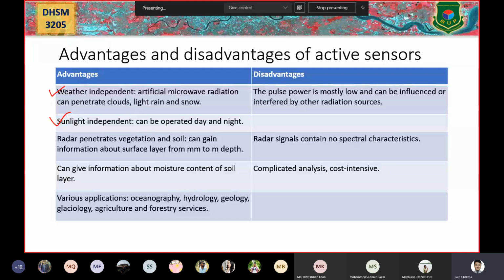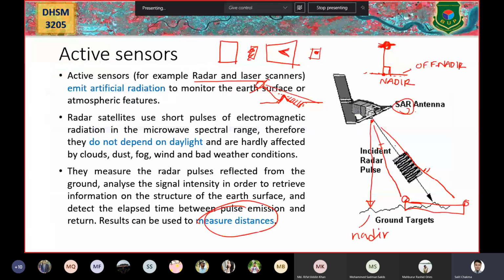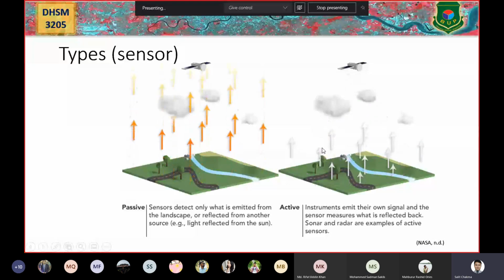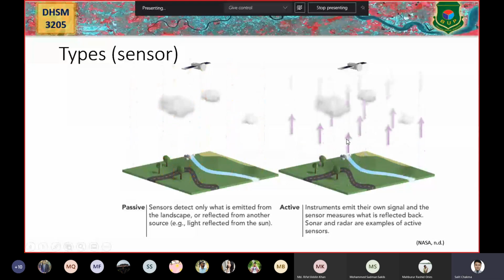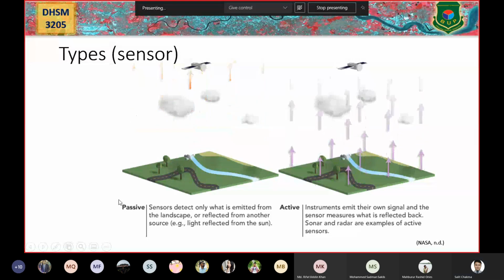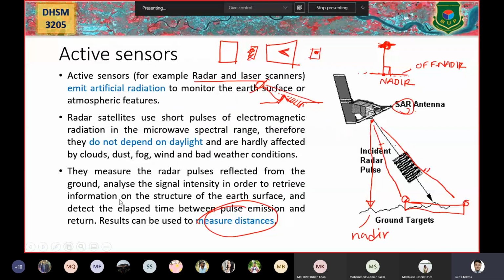So because of this disadvantage, the energy source used in active sensors has of course much less energy than the sun, or what passive sensors receive. The energy source is quite low.